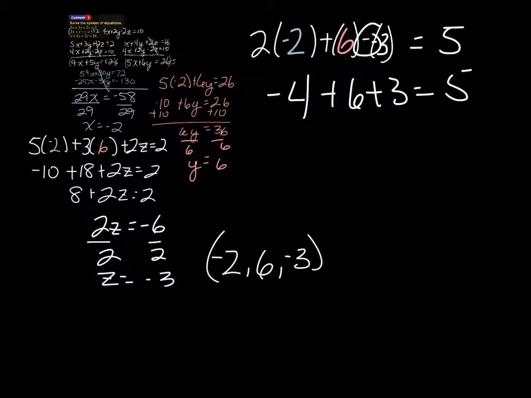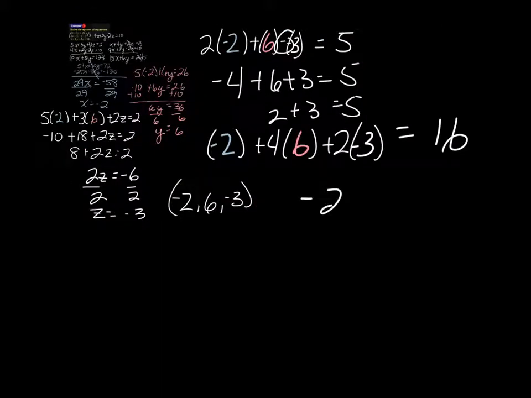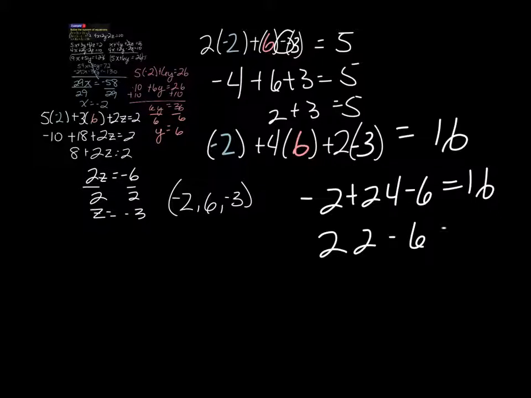Negative 4 plus 6 is 2, plus 3 does equal 5. And negative 2 plus 24 minus 6, we hope, equals 16. And 22 minus 6 is 16. So it works in all three equations. I know I'm right. And I'm not going to write down the check step for you every time. I just thought it was worth doing once.